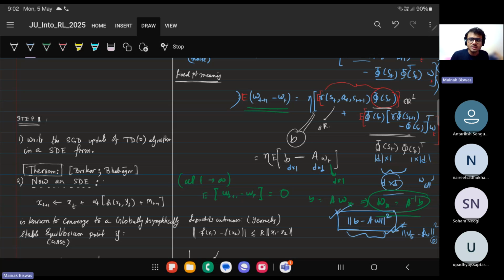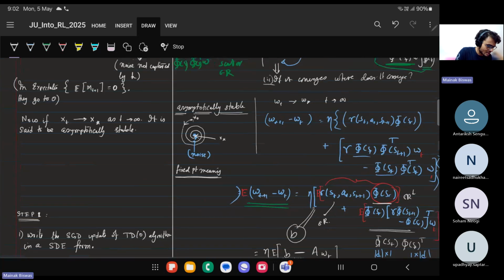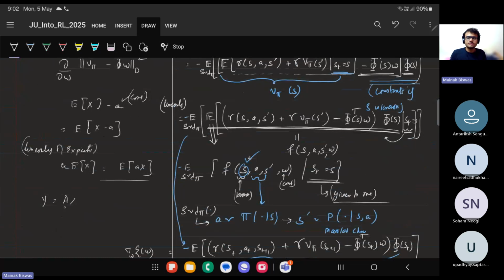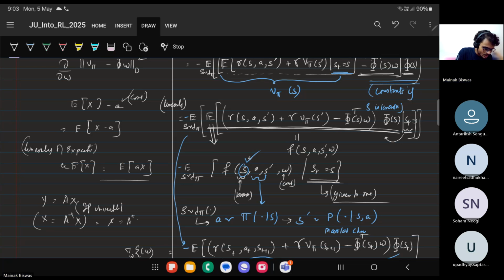Is that clear? Let me just make it clear to you. Say you have y equal to Ax. Fine. If y equals Ax, then x is equal to A inverse y, if A is invertible. Do you agree? Yes or no? Else we can compute the Penrose inverse, the pseudo inverse.